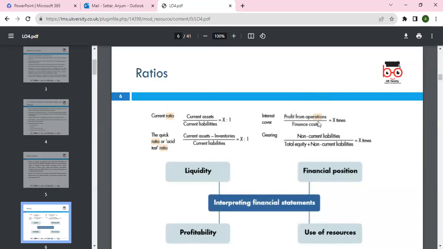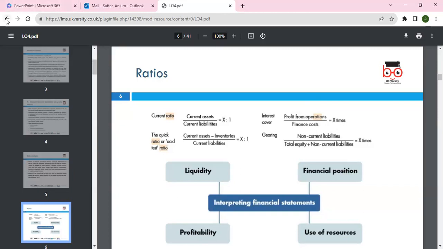Then we look at non-current liabilities and total equity plus non-current liabilities, which is gearing. It is like driving a car in a high gear, which is a high risk. We also look at profitability ratios and liquidity ratios.